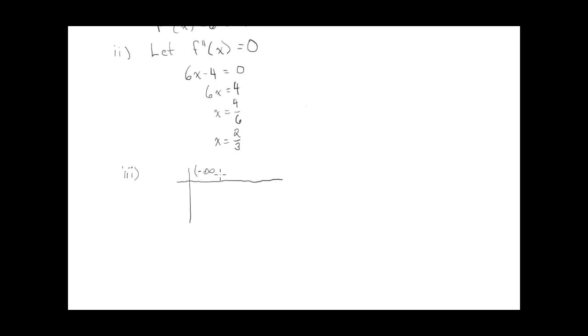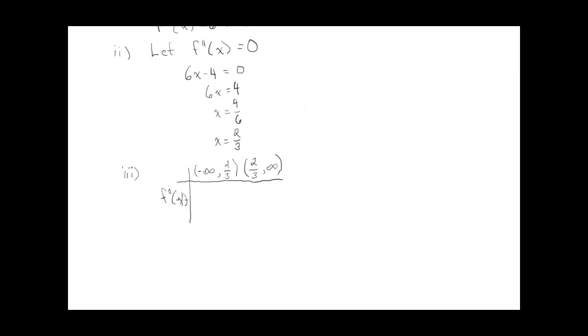So the interval table is going to go from minus infinity to this point here, where the second derivative was 0, and then from there until infinity. Because we only have one point where the second derivative is 0, there's only one dividing point, so there's only two intervals. And then you just look at the sign of the second derivative.